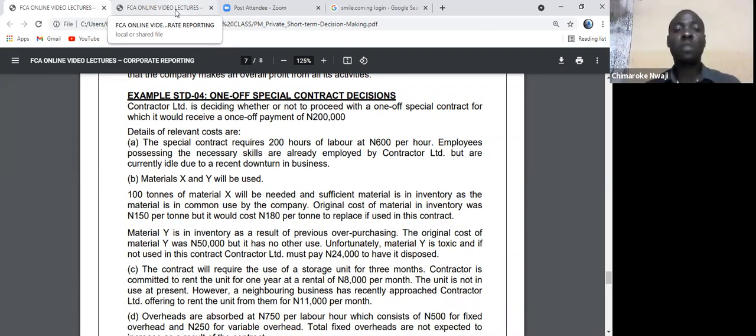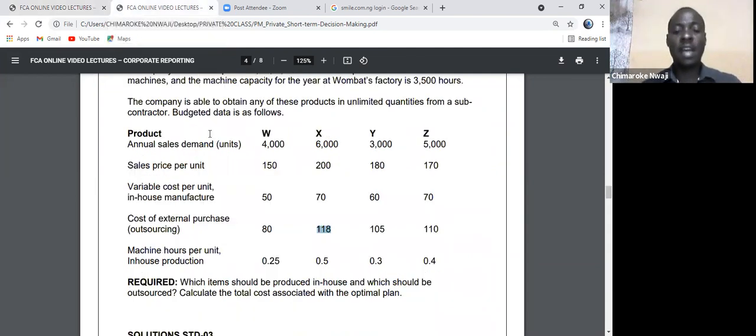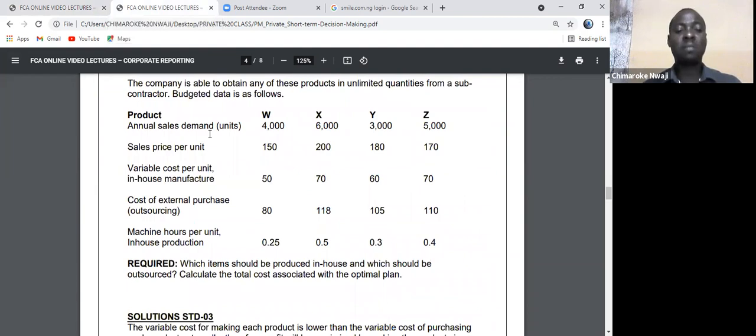Now, this one will make us learn relevant costing as a topic after this, because we're going to build up on this. So I'm telling you a little about relevant cost, but we'll talk more about it in the next class. Okay, so I'll be taking the answer for that part immediately.